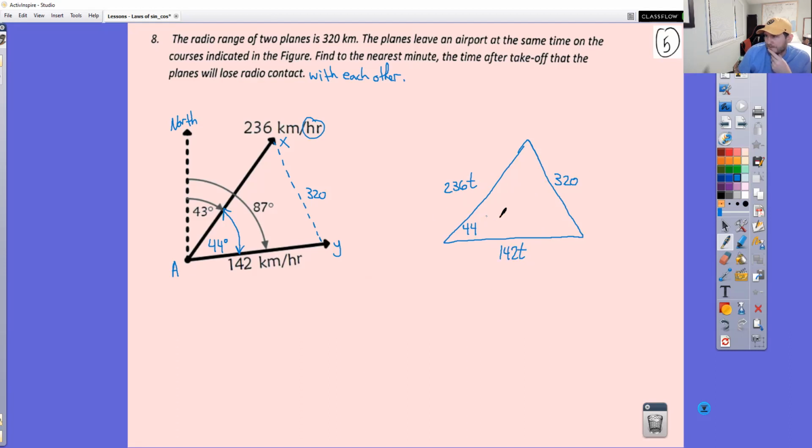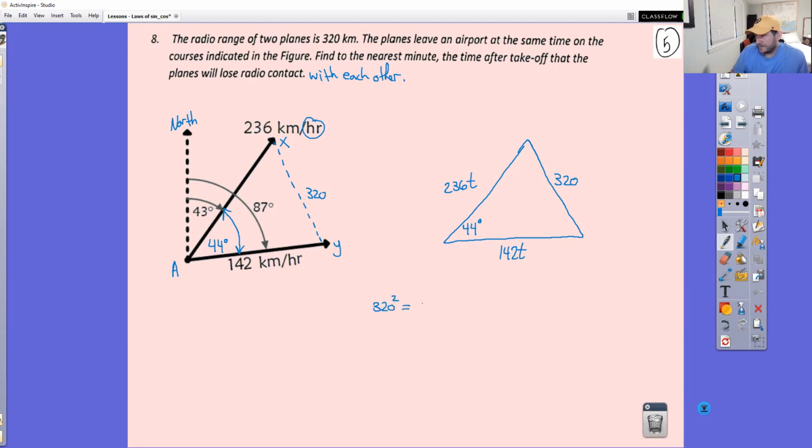So this problem is a little bit different, where you've got all three sides, you've got the angle. There's just a variable in the length of the sides that we're solving for. So we can set this equation up algebraically. We know that we'll use the 320 over here, say 320 squared.